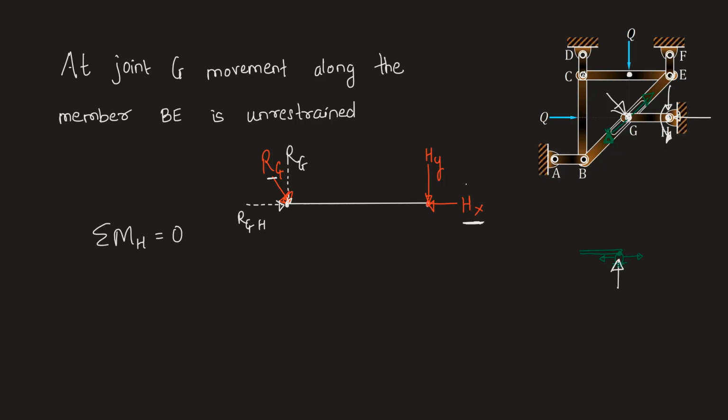So we can write the equation: RGV into the length of member GH, let it be LGH, will be equal to 0 because there is no other force here, and therefore RGV will be equal to 0. So if there is no reaction offered by joint G, no force will be transferred into member GH, and hence the force in member GH is 0.